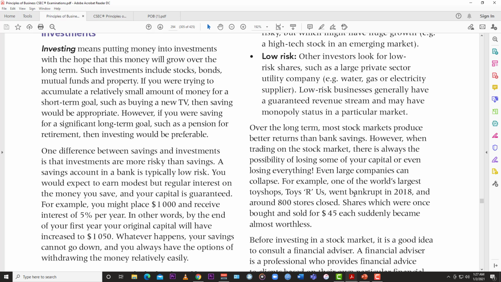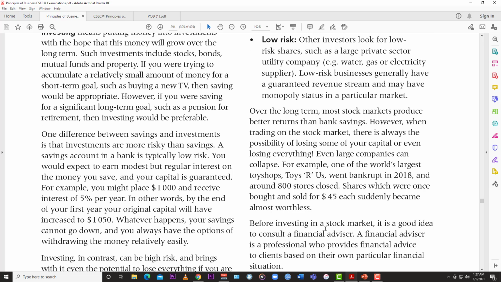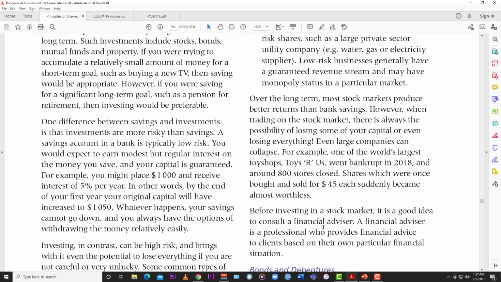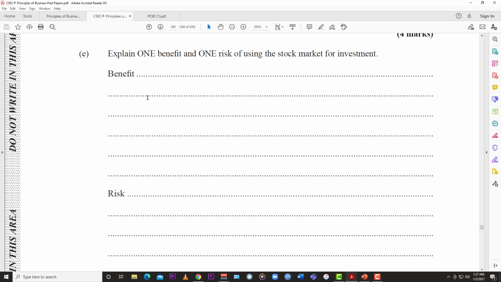They have an example here. One of the world's largest toy shops, Toys R Us, went bankrupt in 2018, and around 800 stores were closed. Shares which were once bought and sold for $45 each suddenly became worthless, right? So with anything, risk, reward, you have to know which one you are looking at when you're looking at the stock market.